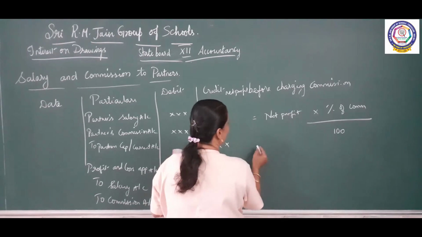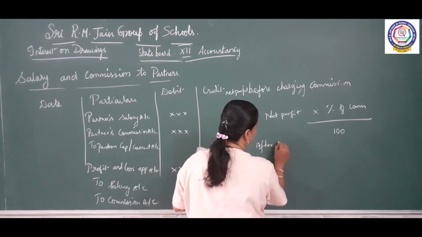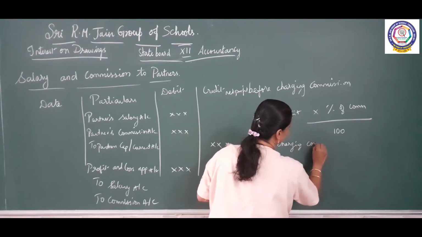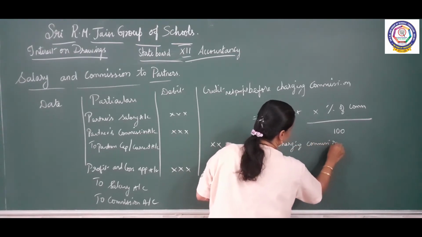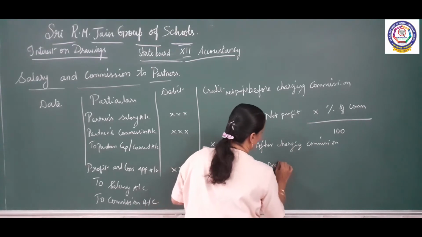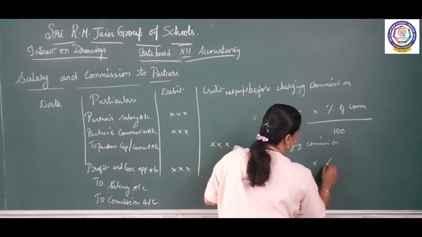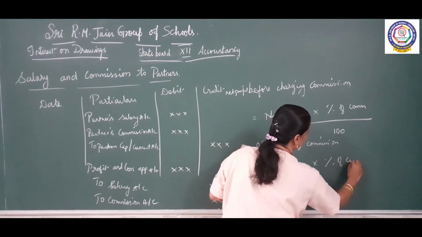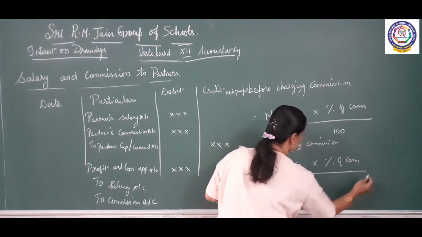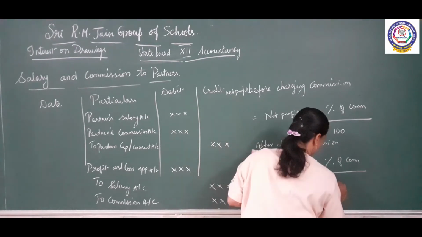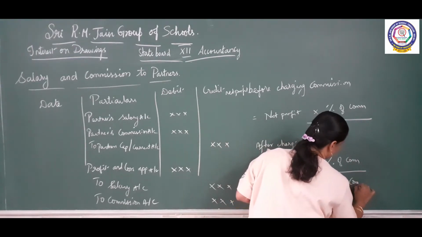If it is after charging commission, in the sense net profit into percentage of commission divided by 100 plus percentage of commission.